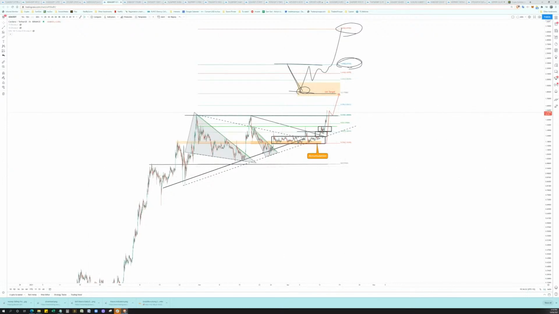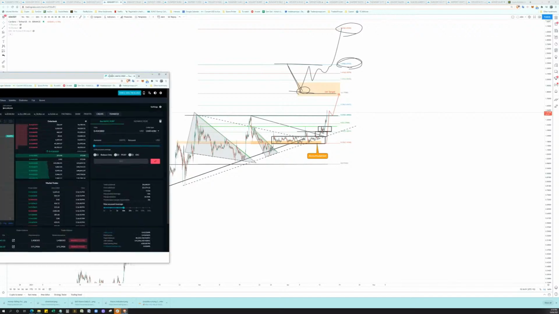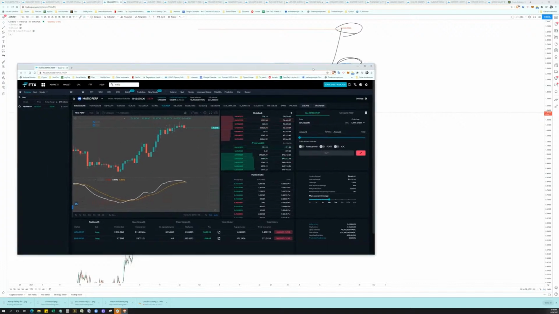Let me see my other trades going. Yeah, baby. I'm pretty happy with that. Just to let you know, to give you an idea what I'm doing, here's another trade of ADA. Leverage high, in the profit, and I'll just let it ride. Although that says Matic, it's not.